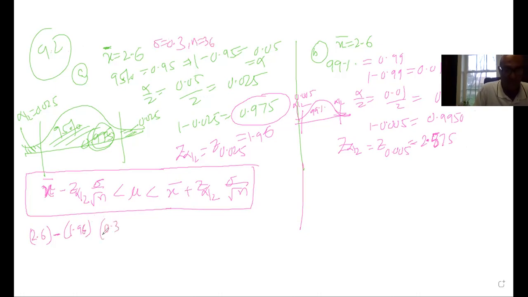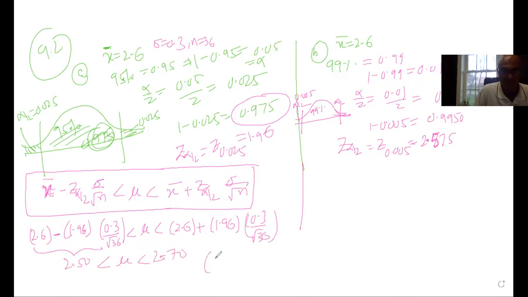So I can write 0.3 over square root of 36, which is 6, is less than mu is less than 2.6 plus 1.96 times 0.3 divided by square root of 36. Use your calculator and you're going to get 2.50 is less than mu is less than 2.70. So your interval will be 2.50 to 2.70. That is your confidence interval.